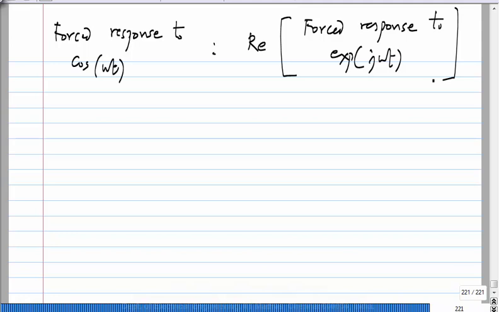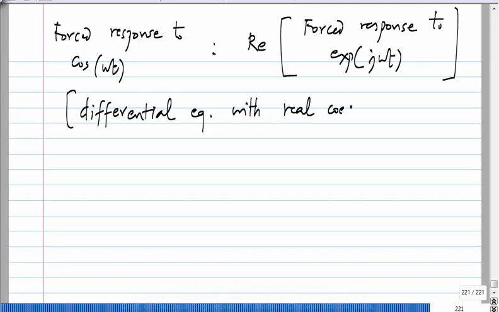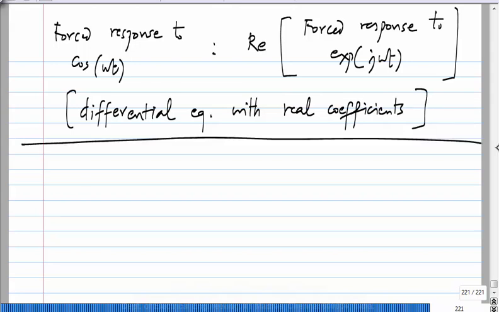This, by the way, is not only true for first order systems, this is for anything, because I just said linear system, it can be anything. This is okay?